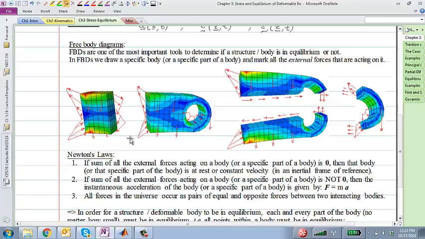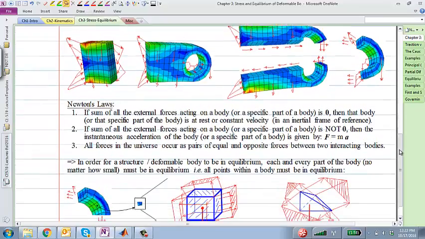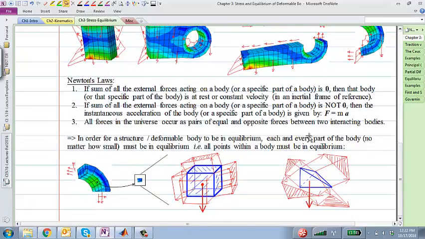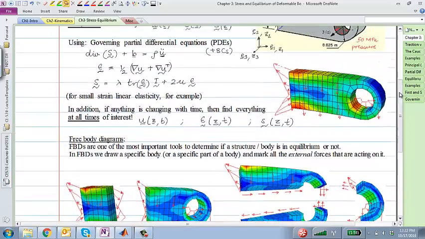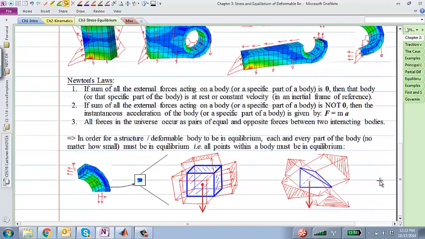And in order for equilibrium to hold, each and every part of that body must be in equilibrium. In your undergraduate studies, we used to say the sum of forces and sum of moments should be equal to zero for the body to be in equilibrium. But that's not only for the entire body; you can do the free body diagram for any small part of that body, and the sum of forces and moments has to be zero no matter what part you choose. Then the body is in equilibrium.